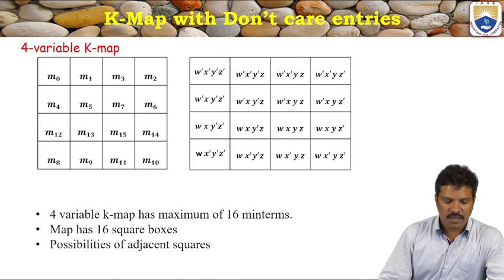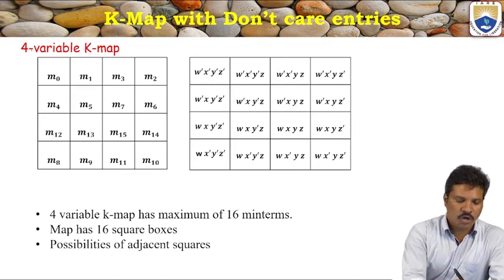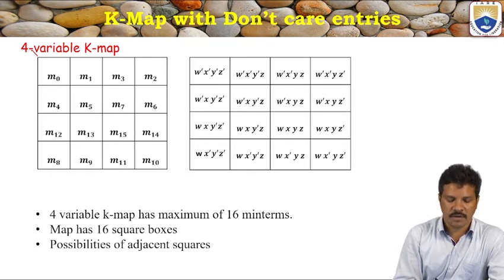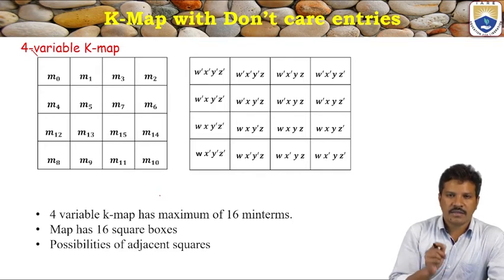When we see this K-map box, we can divide the entire box into 16 square boxes and assign minterms M0 to M15 according to their order. While assigning those minterms, you must follow the reference order of the function. For a function w, x, y, z, you start with the order w, x, y, z.